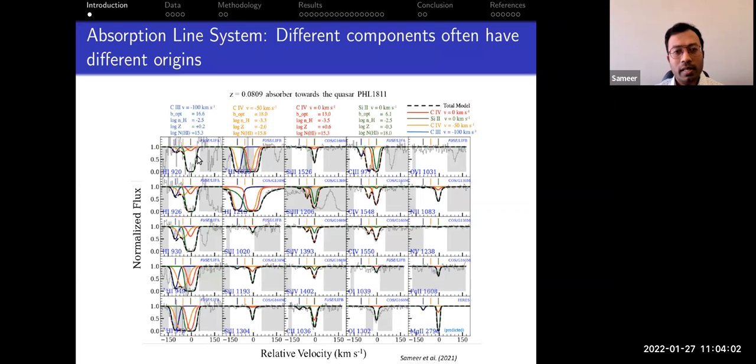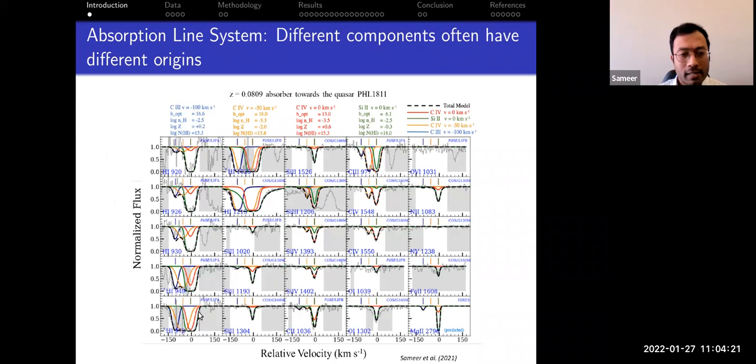Seen here is an absorption line system at a redshift of 0.08 towards the background quasar PHL 1811. On the y-axis, we have the normalized flux, and on the x-axis, we have the relative velocity, with 0 being the redshift of the absorber.